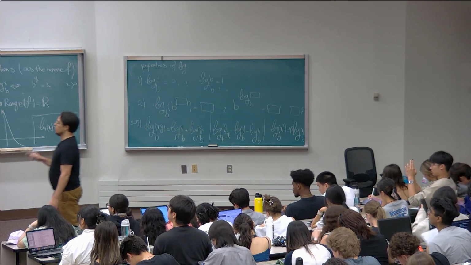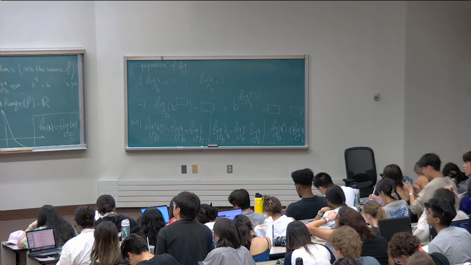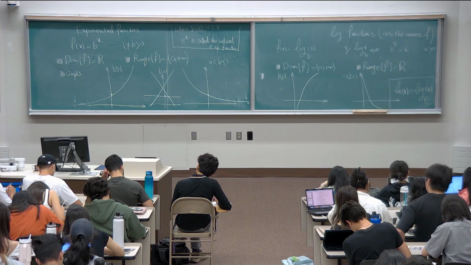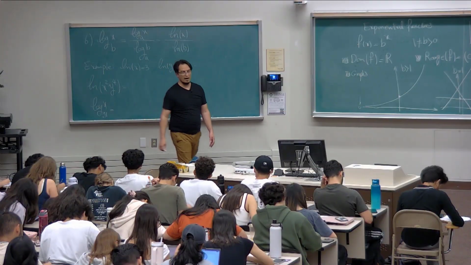Ln of x is 3, ln of y is 2. Find those two values: ln of x squared times y to the power 4, and log of x base y.